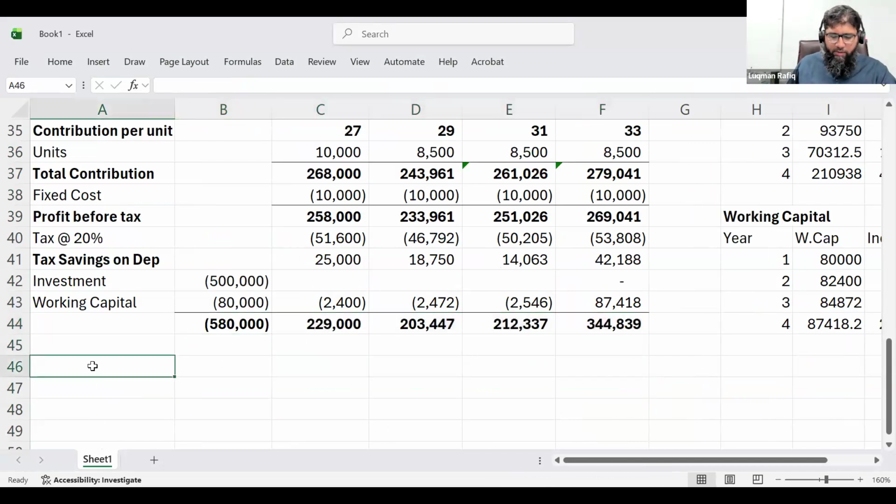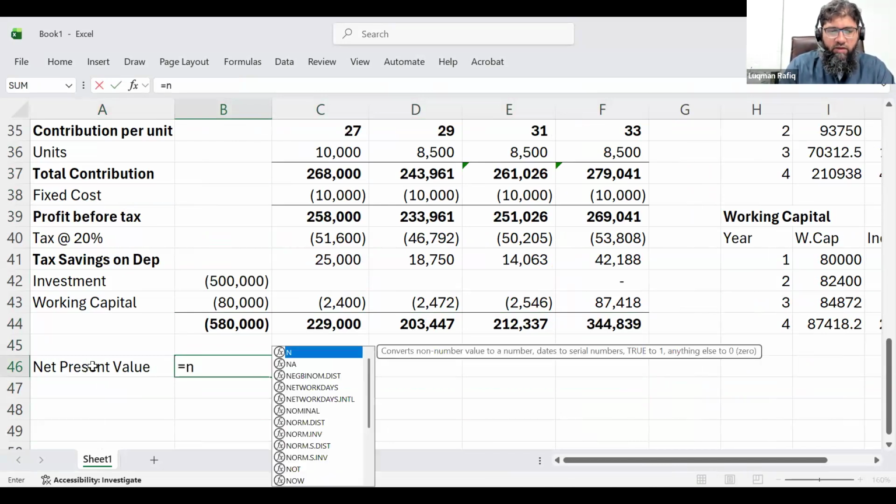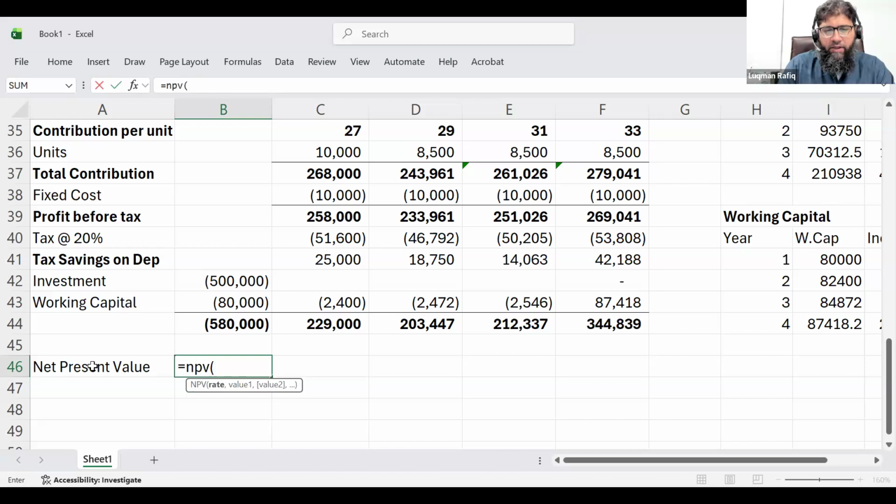Now, if we talk about it, the net present value is going to be how much? The net present value is equal to NPV, bracket open, the rate. The discount rate is 13%, comma.